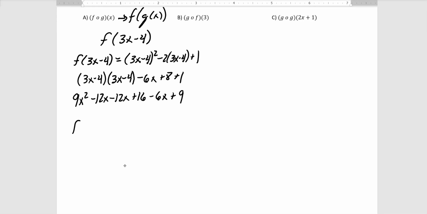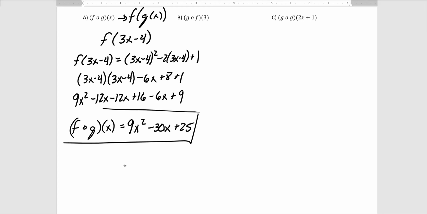So we can say that f of g of x equals 9x squared. We have negative 12x minus 12x, so that will be negative 24x, and then minus another 6x, so that will be negative 30x. 16 plus 9 is 25. And there we go for f of g of x.